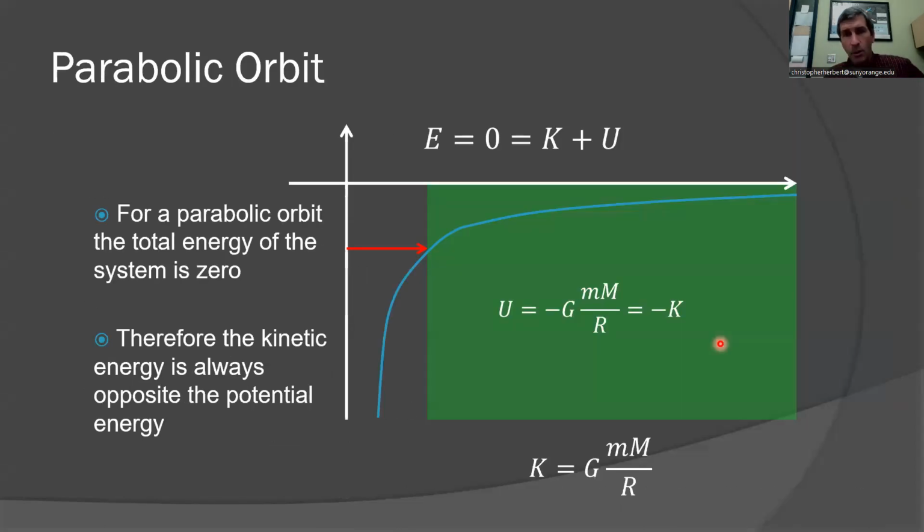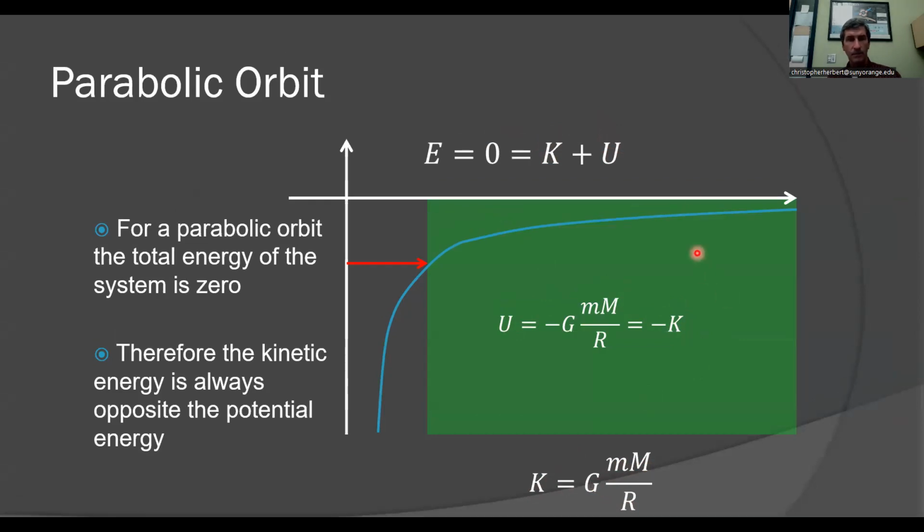Again, a parabolic orbit would correspond to a total energy of 0. Here's where the kinetic energy would be equal and opposite to the potential energy. And for that particular case, our kinetic energy at some distance would be equal to GM over R. Okay.